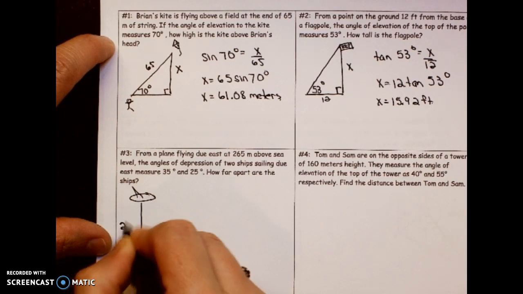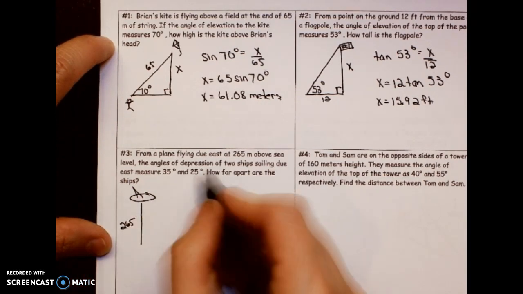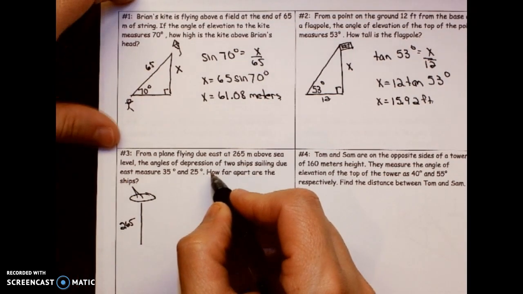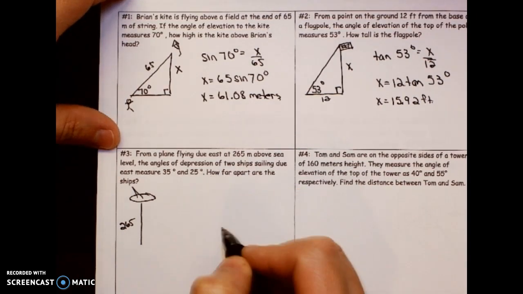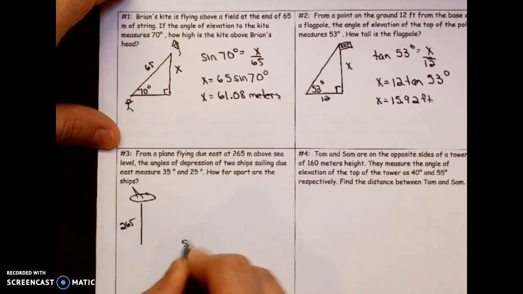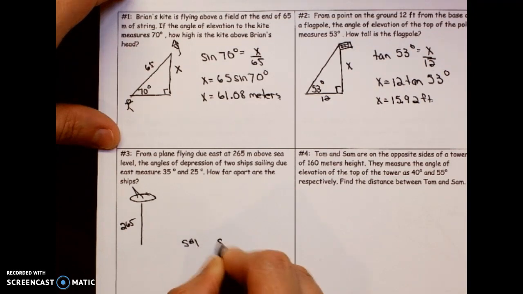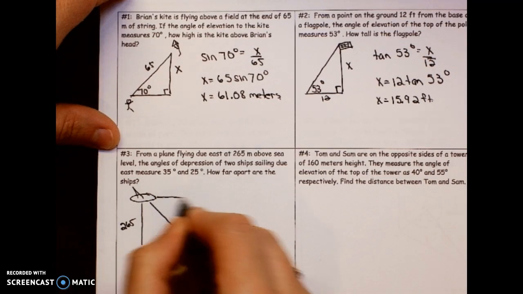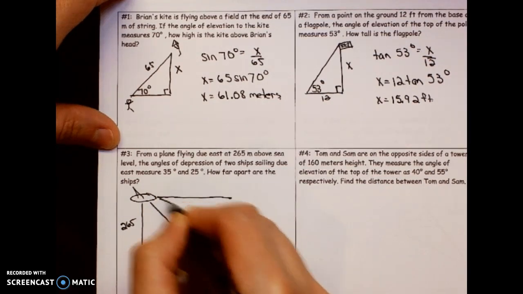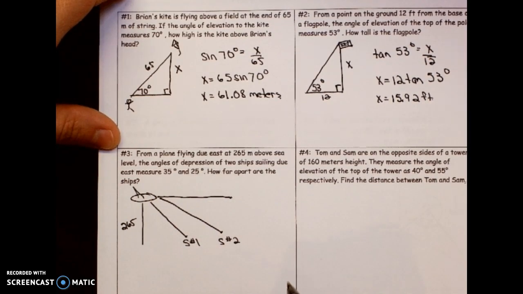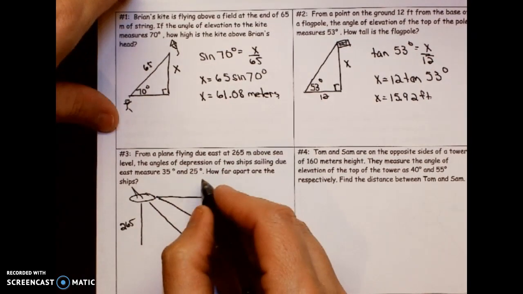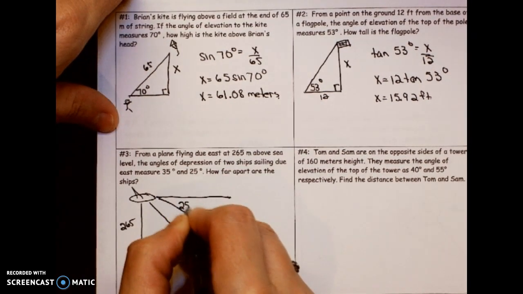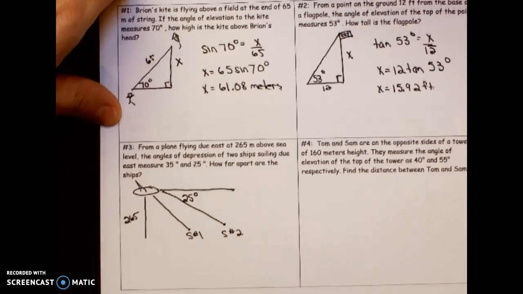It has 2 different angles of depression looking at 2 ships down below, so I'll label them ship 1 and ship 2. We're looking out and down at ship 1 and ship 2.